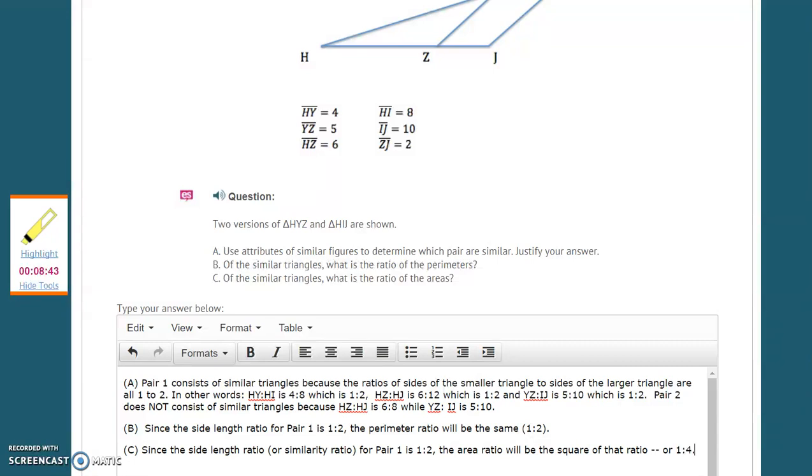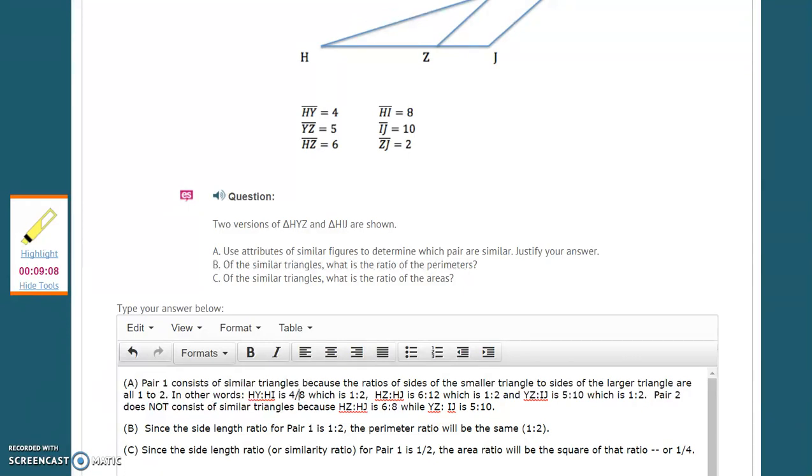Now I'm using colons, you could be using fractions for all of these. You could be saying 1 to 2 and 1 to 4. I would be consistent whichever way you want to do it, but you could have been using a slash mark. So don't leave it like that. I would either use colons or use the slash mark that means division for all of them. But either one is equally good.